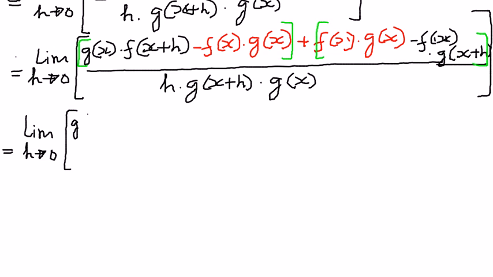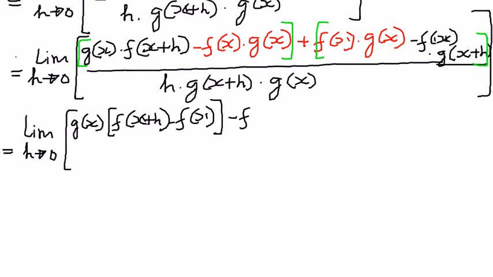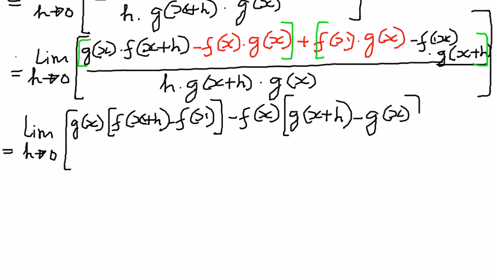g of x times, open brackets, f of x plus h minus f of x, like that, close brackets, minus f of x, open brackets, g of x plus h, like that, minus g of x, close brackets.